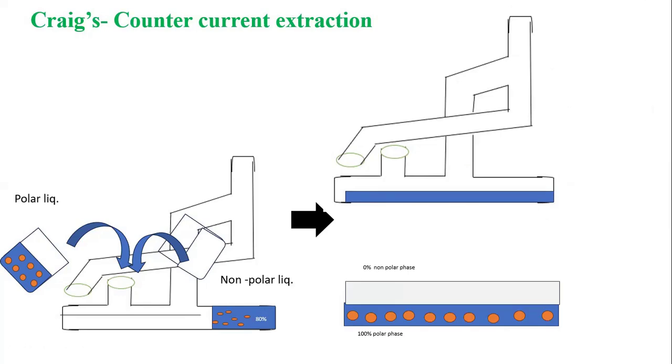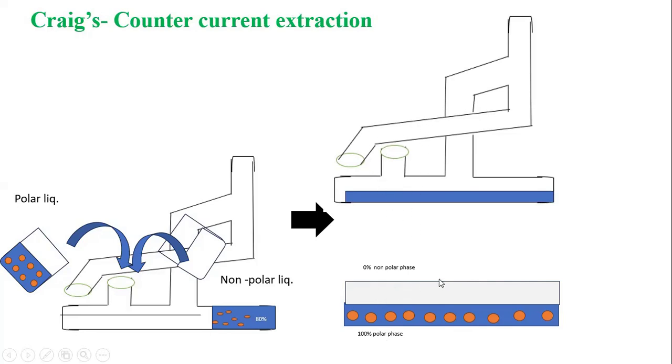See here. At the bottom there is the aqueous phase, which contains nearly 100% of the active chemical component, and on the upper side there is the non-aqueous phase, where 0% of the active chemical component is present. So you are going to shake this.